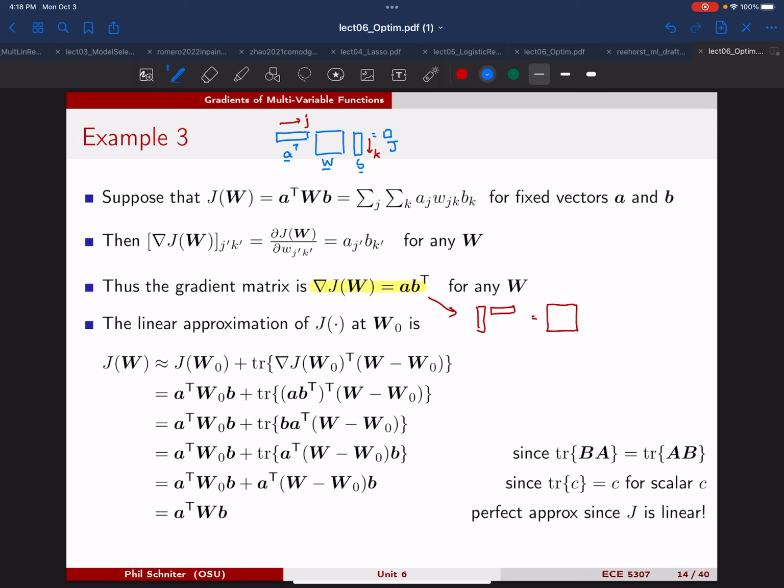So let's look at the j prime row and the k prime column of this. If I'm looking at the j prime row, I could look from the left or the right. That's going to be this entry here, and the k prime column is going to take this entry here.